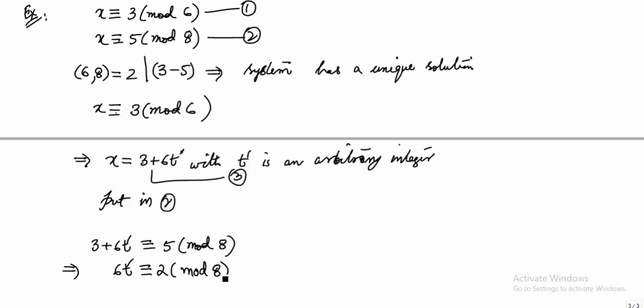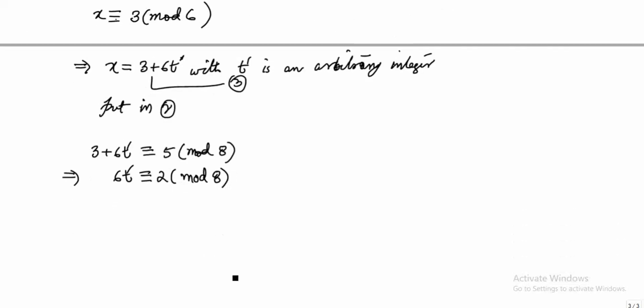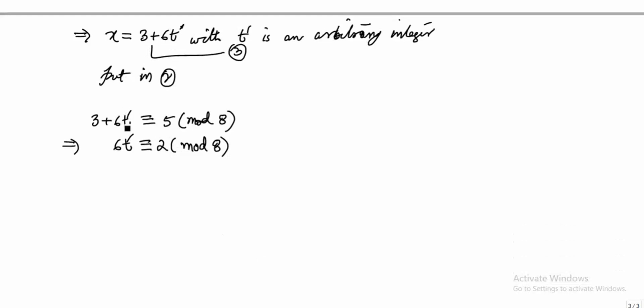Now the common factor is 2 here, so 2 times 3t prime is congruent to 2 times 1 modulo 8.